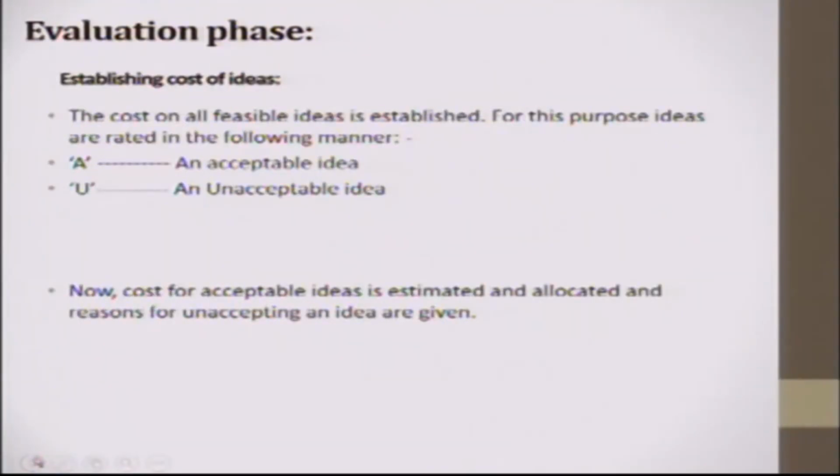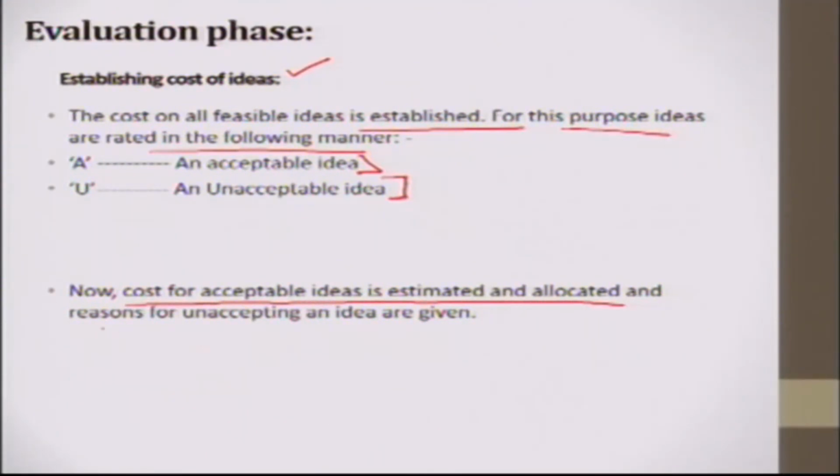Let us see. Establishing cost of the ideas, that is, cost on all feasible ideas is established. For this purpose ideas are rated in the following manner: an acceptable idea and an unacceptable idea. Now the cost for acceptable ideas is estimated and allocated, and the reason for not accepting an idea, if we do, is mentioned.